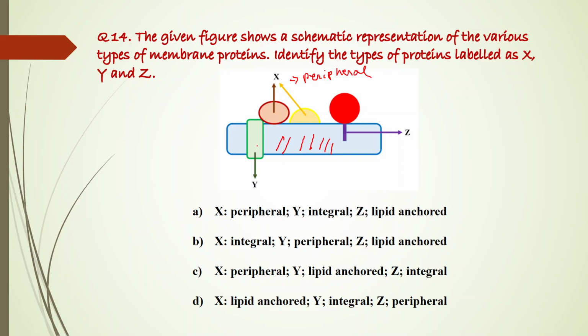In case of Y, we can see that yes, there is some part of this protein which is present on the periphery, but it is also embedded within this blue square. That means this Y protein is actually embedded within the membrane protein, which implies that it is an integral part of the membrane protein.